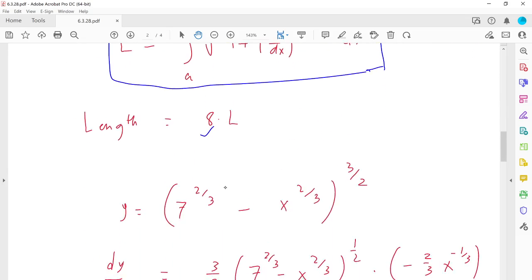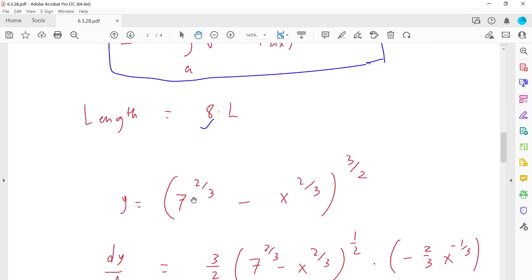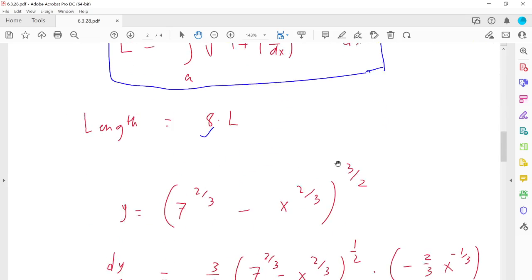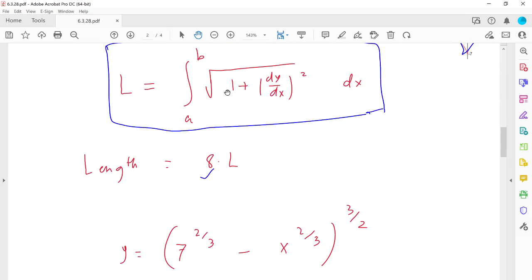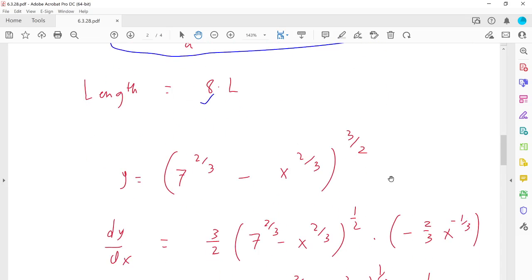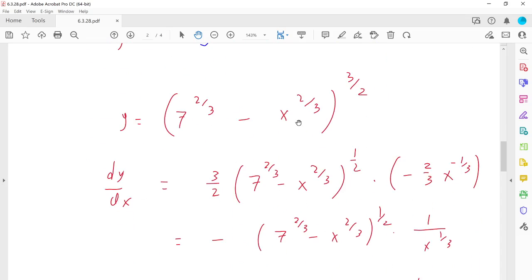So let's look at here. First of all, y equals this value is given. Since we are using this formula, we're going to calculate this expression first and simplify it. So the derivative of this expression, by using the power rule, this 3/2 comes down, 7^(2/3), I'm just copying this, and I'm subtracting 1 from 3/2, which gives me 1/2, times the derivative of the function inside the parentheses by using the chain rule.